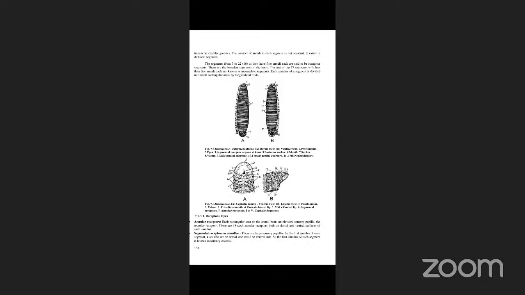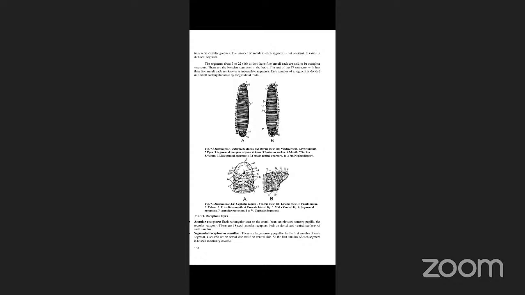Now the receptors. Annular receptors. Each annulus consists of rectangular areas, and they have sensory papillae, the annular receptors. There are 18 annular receptors on the dorsal and ventral surface of each annulus.